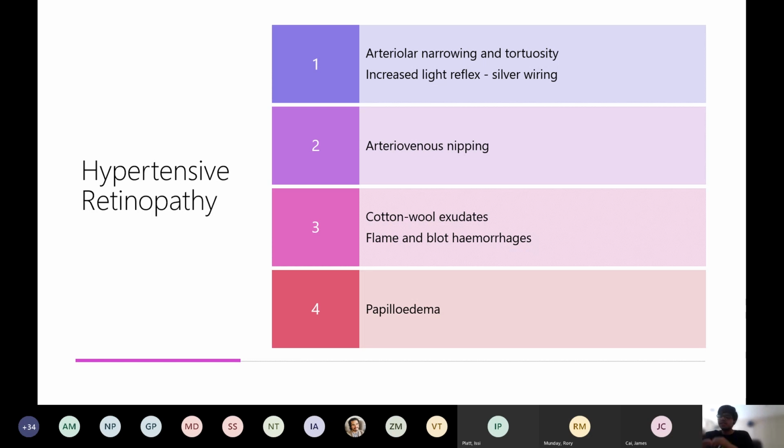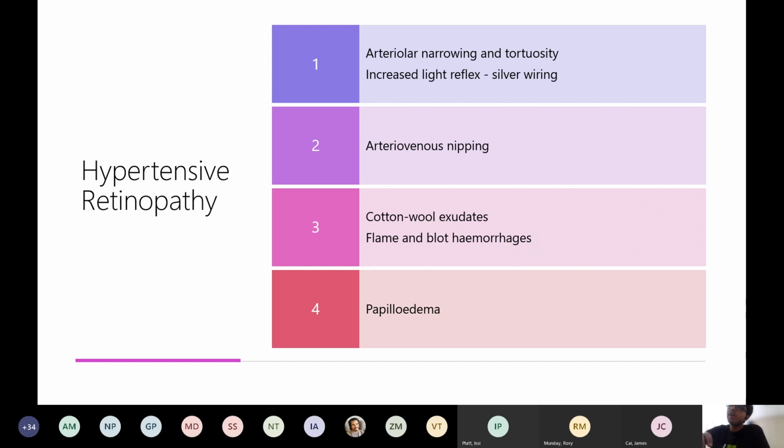What is the final stage of hypertensive retinopathy? It wasn't shown on that image. Papilledema, yeah. And the thing with papilledema is you can have it without all of these signs of hypertensive retinopathy.